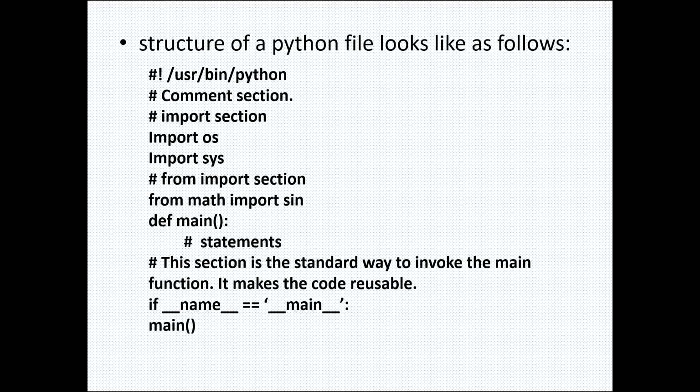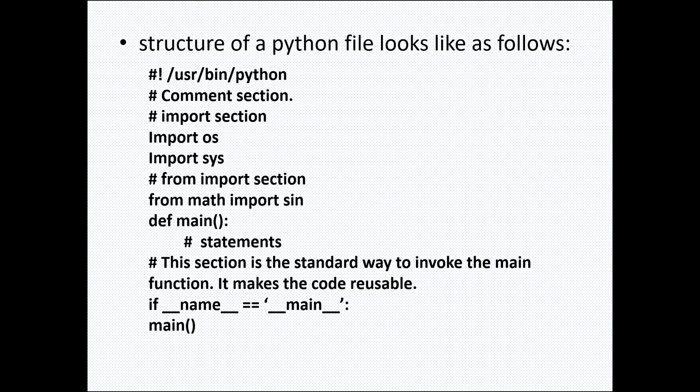This is the structure of a Python file. The comment section starts with a hash, which is optional. This is where you can put detail about the script. You can add any number of lines which start with a hash here. Import section: the import section is the right place for adding import statements for importing other needed modules or functions into this particular script.